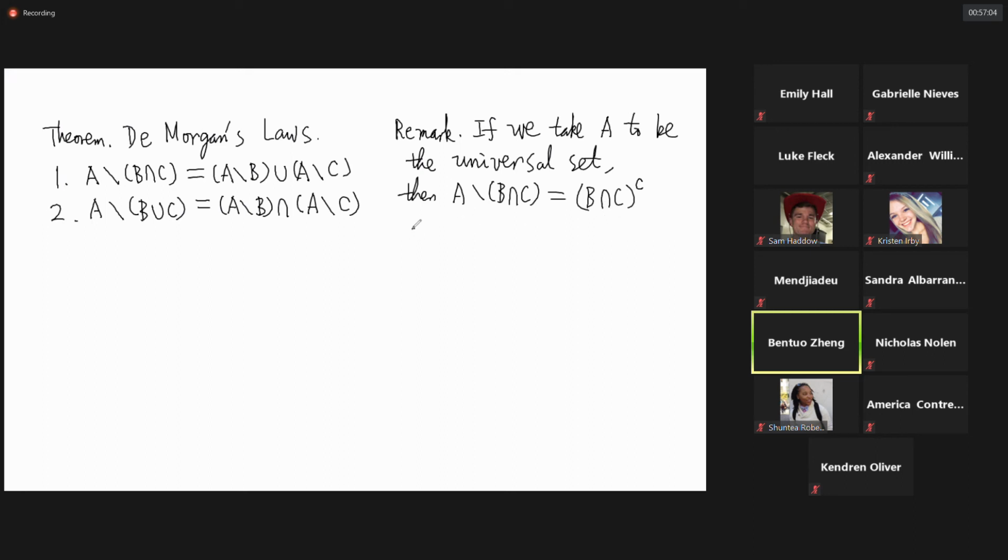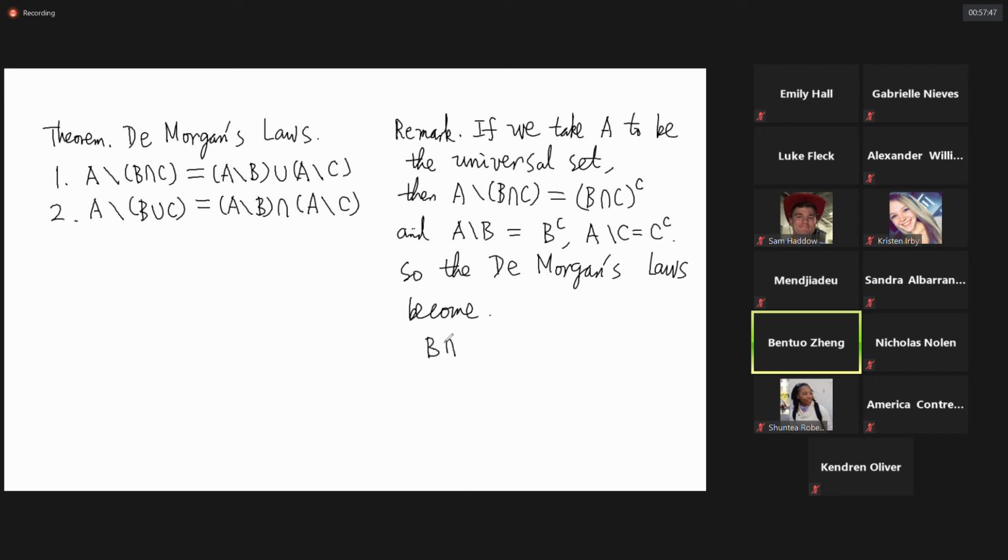And we know that A minus B is just B complement, and A minus C is C complement. So De Morgan's law becomes the following.